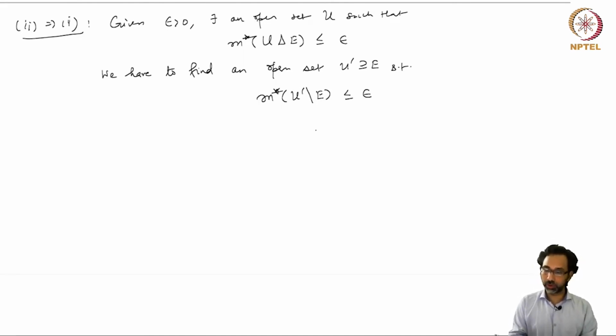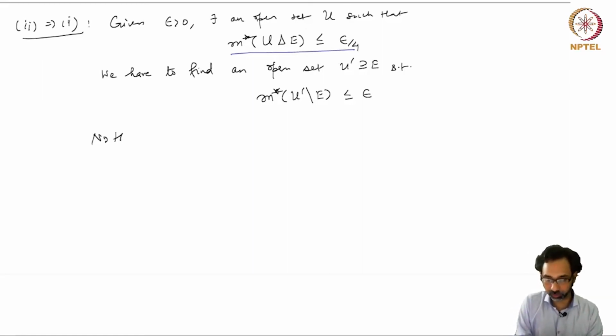So to produce such an open set U prime, we will use what we already know from this inequality. Let me take epsilon by 4 here, and you will see why I am taking epsilon by 4.